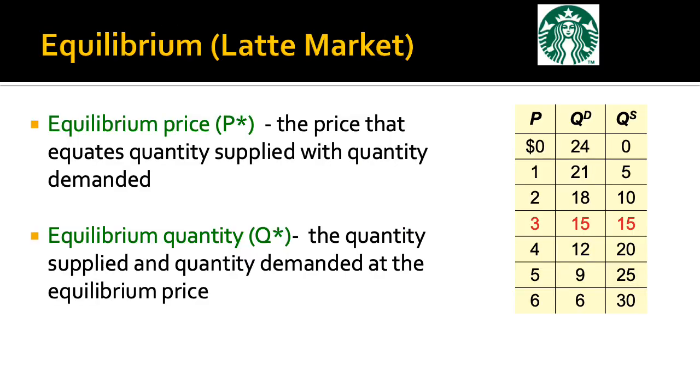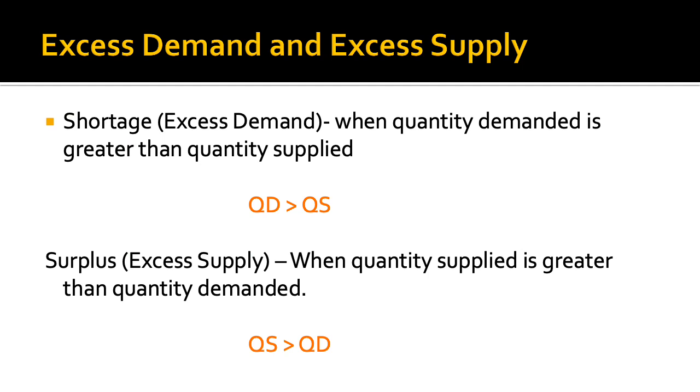So if we look at this table, the market price is when price is $3 in this case, and the quantity demanded and quantity supplied are equal. In cases where there's a shortage, or an excess demand for goods, the quantity demanded exceeds the quantity supplied. In these cases, the price will in fact rise in order to adjust away from the shortage if there is no government mandate on keeping it low.